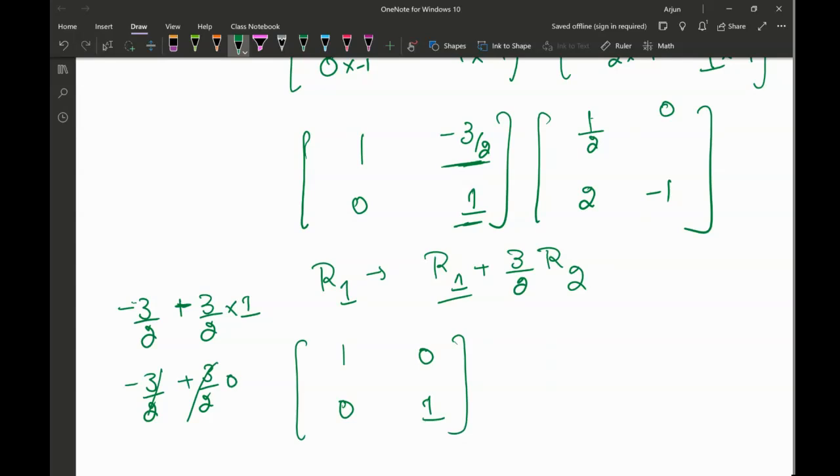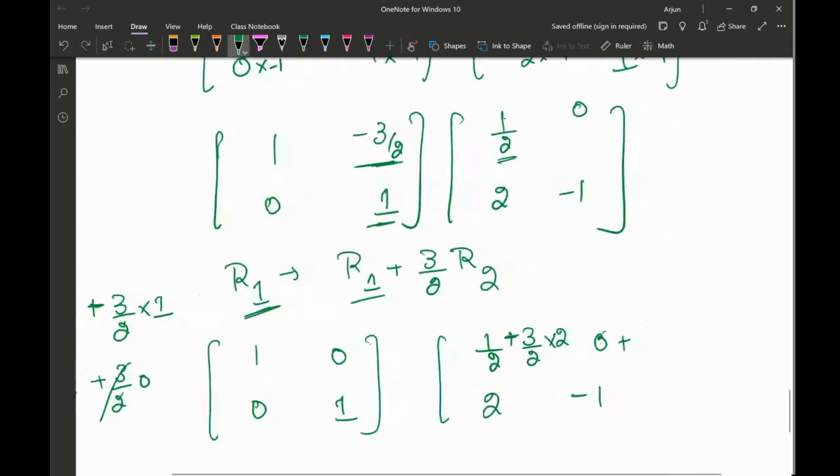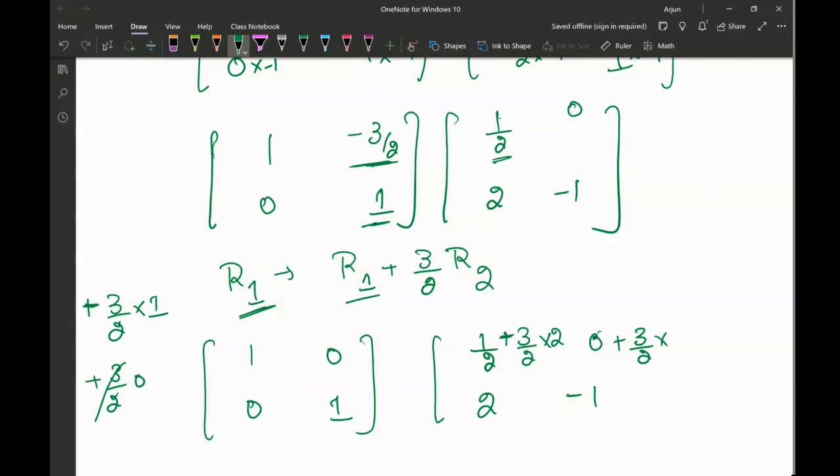Okay, and now down here this will be 1 over 2. This is 2 times I have to multiply. This is 2. This will remain as -1 because I'm applying the operation on R1. So 1 over 2 plus 3 over 2 times 2, and for the second element, 0 plus 3 over 2 times -1.